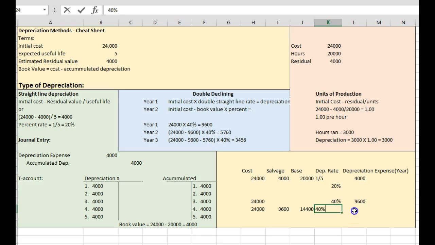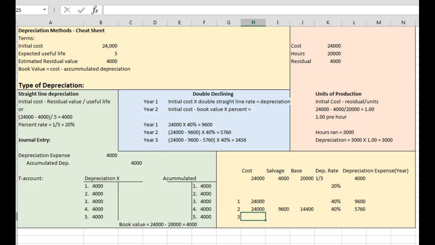That's why they call it double declining. Now, year 2 depreciation is $5,760.